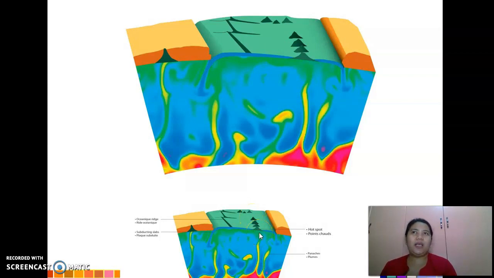Hawaii is an island formed through a hot spot, a continuous release of magma on the same spot.